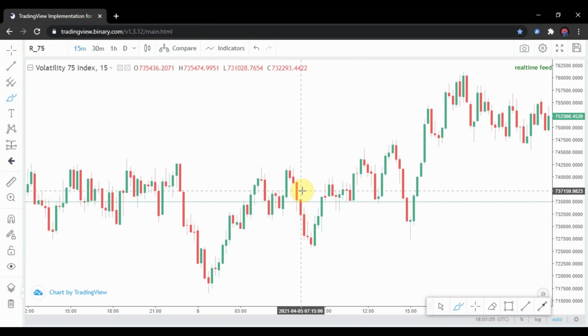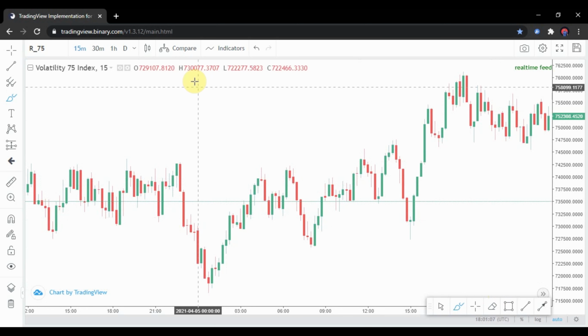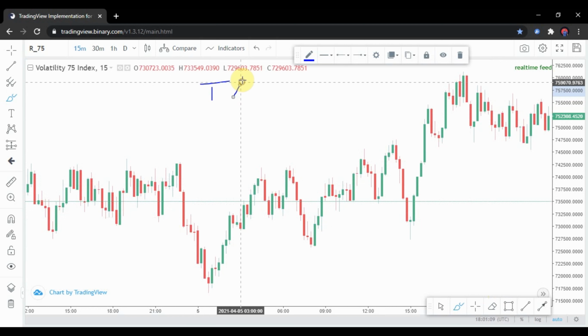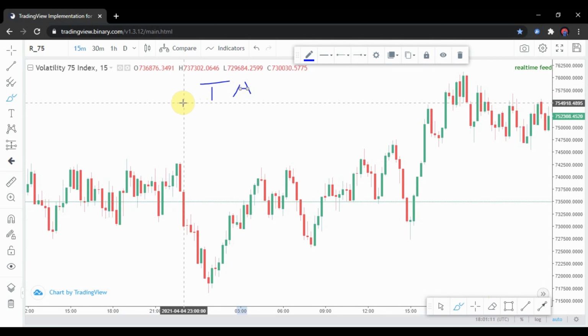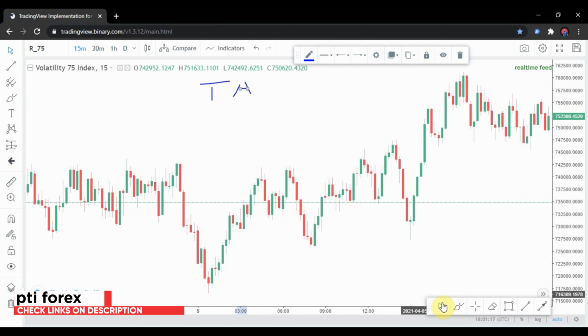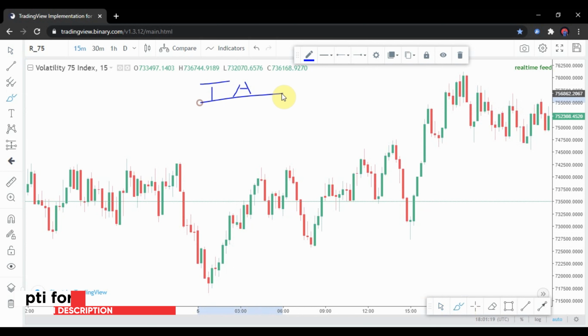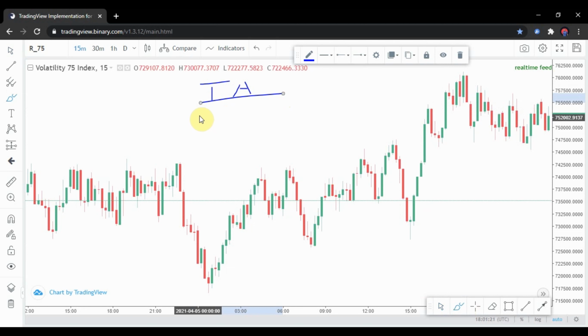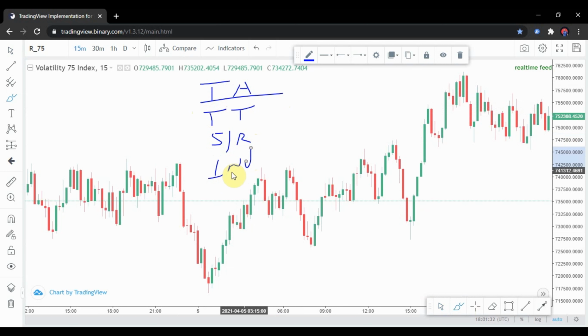So what you need to know is that when it comes to technical analysis, a lot of people think that it is a broad topic, yet it is just something narrow. Technical analysis is not that broad because it involves trend trading, it involves support and resistance or range trading, and then it is technical indicators.